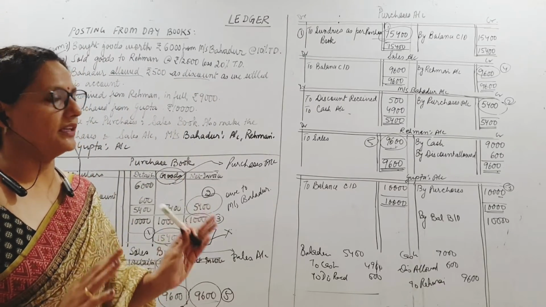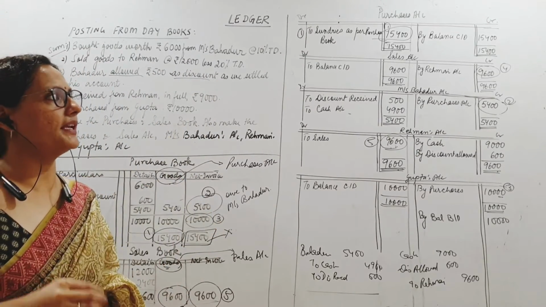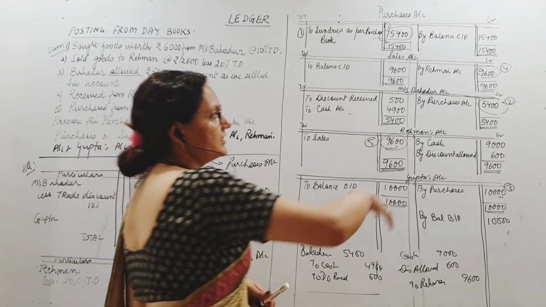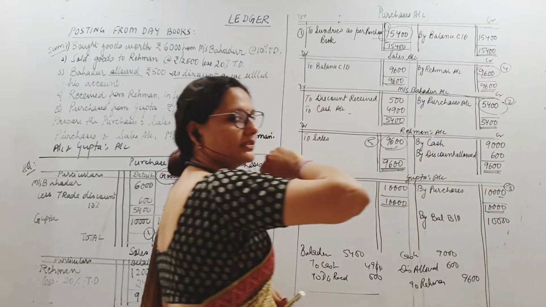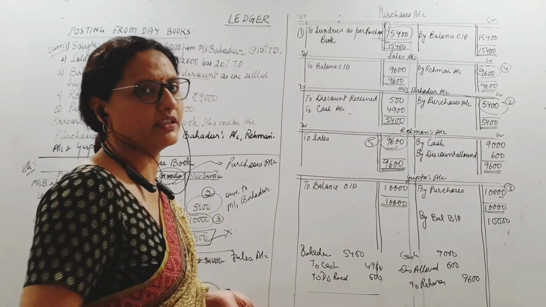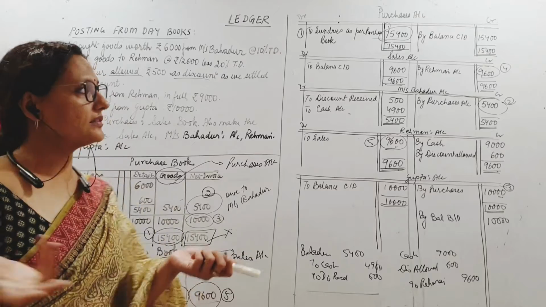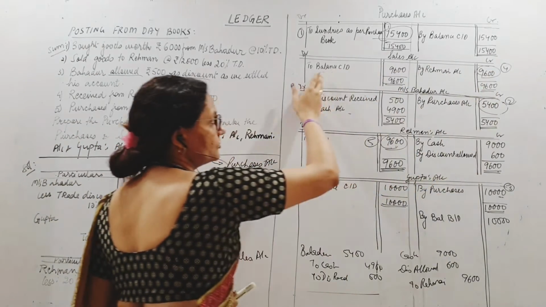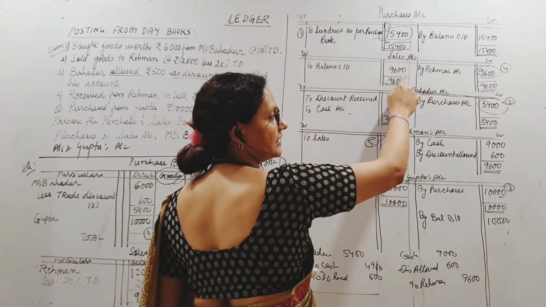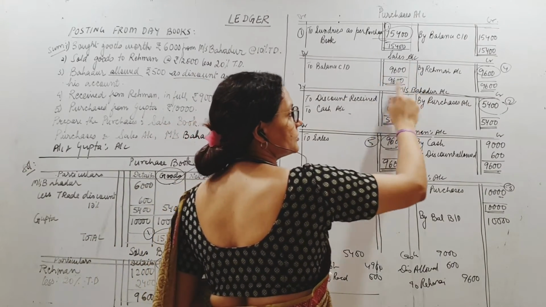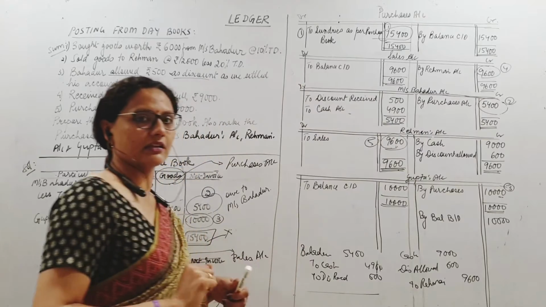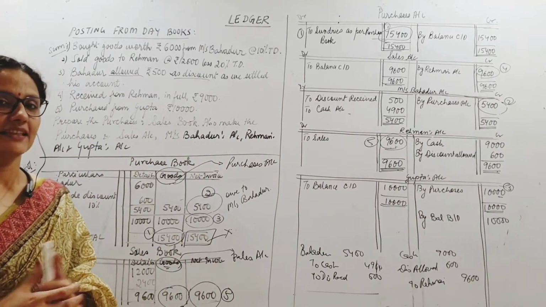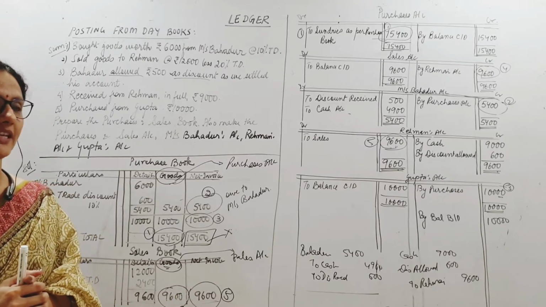Meaning in this period we are showing purchases made as 15,400. And the same thing for sales. Sales we are showing here on the credit side 9,600. There is nothing on the debit side. Usually there will be nothing on the debit side, right? Because sales account is not debited as such. So here I will just write to balance carried down 9,600. This is the balancing figure. So that both sides are 9,600 and I close it. Fine. This is how you post from the books, day books.